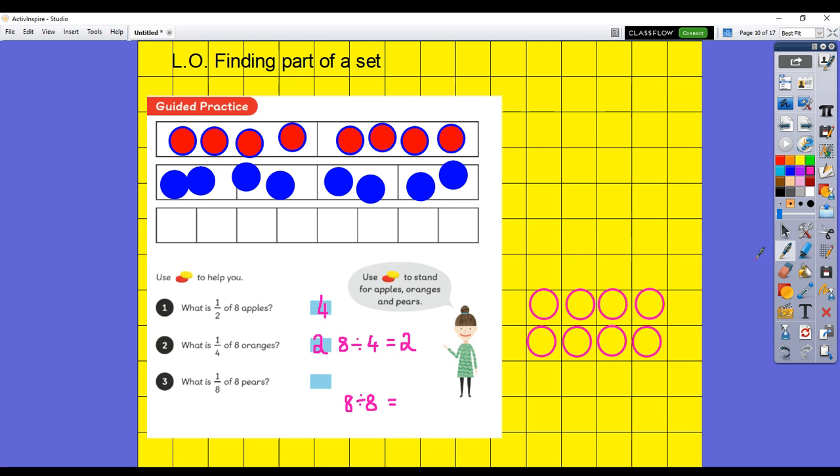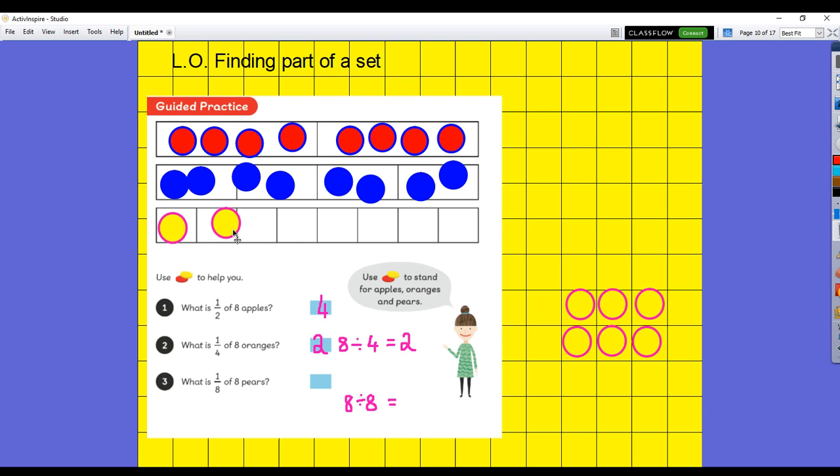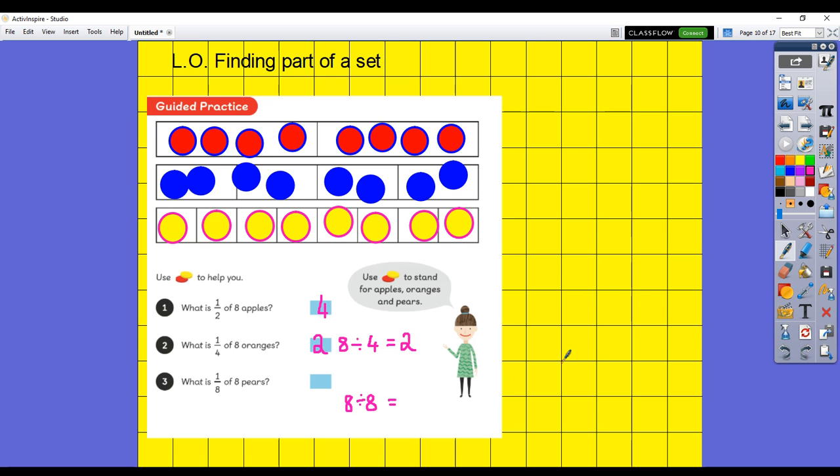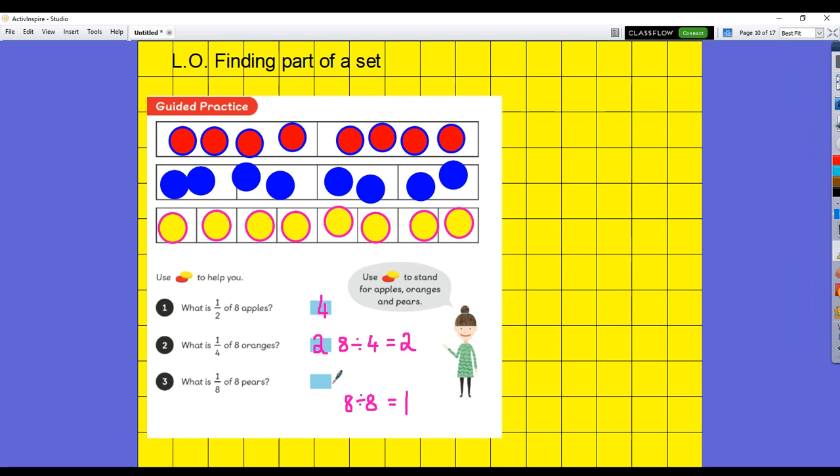Well, we know that 1/8 goes into 8, but let's just prove we're correct. So let's put these 8 pears into each bar model, our 8 parts, and we can prove we are correct. So 8 divided by 8 is going to be 1. So 1/8 of 8 is going to be 1. So it's going to be 1 pear.